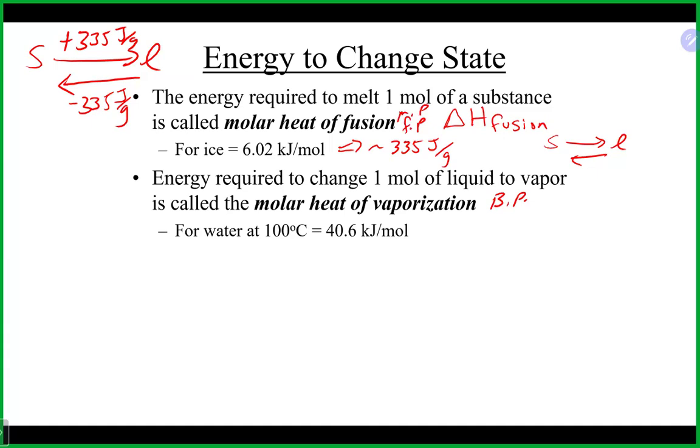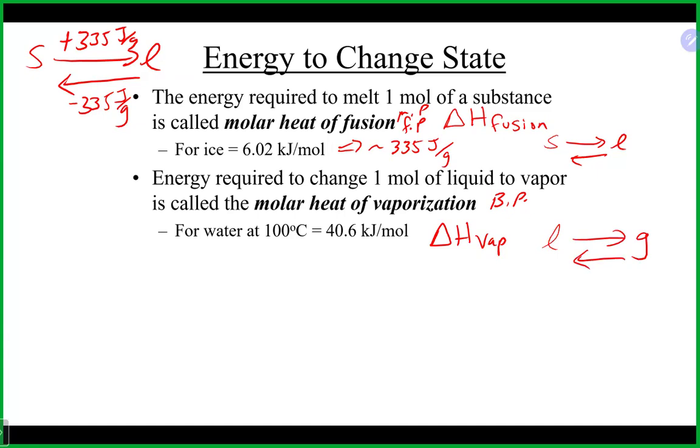This is what is known as the heat of vaporization, sometimes abbreviated as delta H of vaporization. That again is the energy required to not change the temperature of the substance, but simply take it from liquid to gas or gas back to liquid.